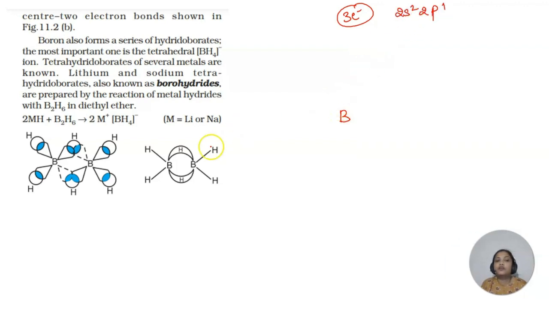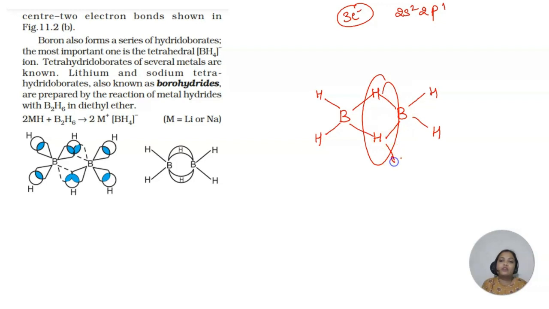So how is it going to form 4 bonds? What happens is 2 bonds are formed with hydrogen, which means 2 electrons are shared here, and the same this boron will do. Now these have one electron each, and hydrogen has 1. So in this case 1 electron here will be shared with the hydrogen and 1 here will be shared. So this type of bonding is called bridge bonding or banana bonding.